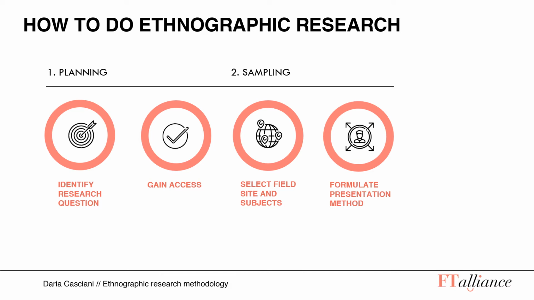Ethnographic research, like all social research, needs to be undertaken in an ethical way. This means that you have to care about and pay attention to safeguarding the interests of research participants.